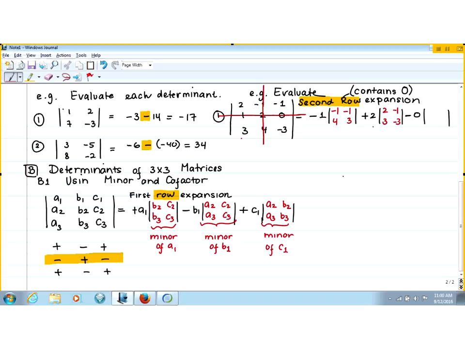Okay, for 0, do I need it? No. Why not? 0 multiplied by any number will be 0 anyway. So no matter what we have here, we don't need it, right? Okay, that's how we save our time.